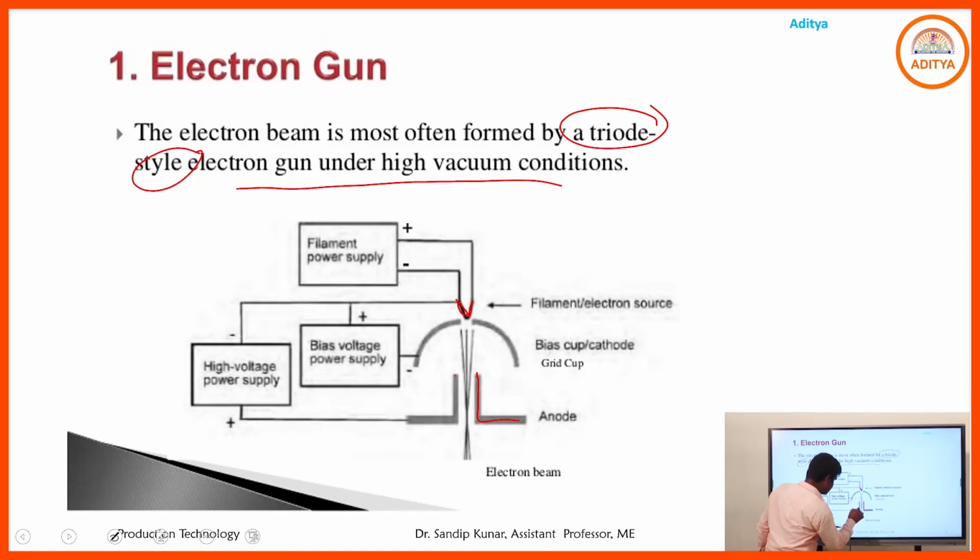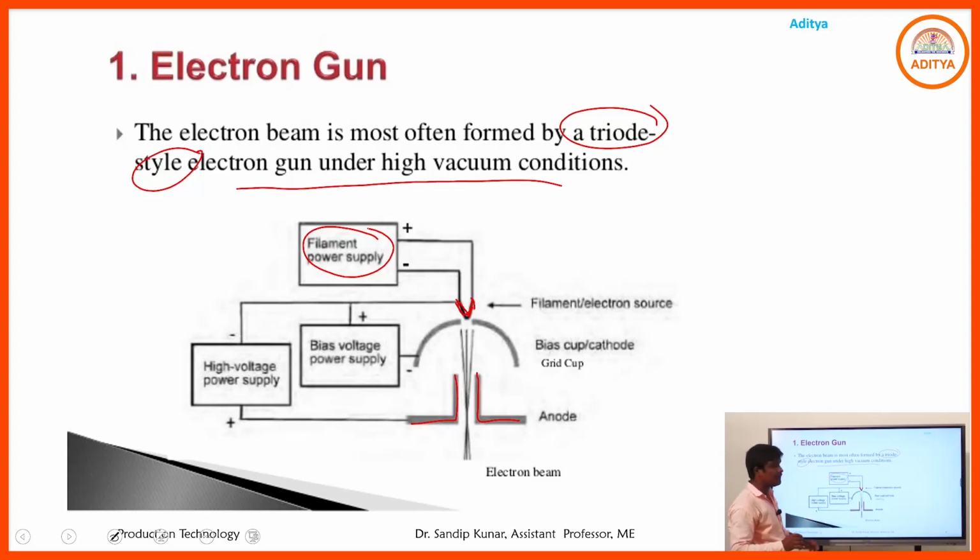Between the anode and filament another high voltage power supply is connected, and the filament power supply is also connected. We also applied the bias voltage power supply, a triode style power supply, to the electron gun to get the high velocity electron beam.